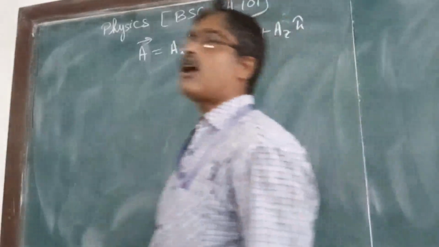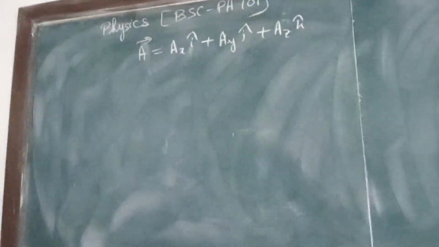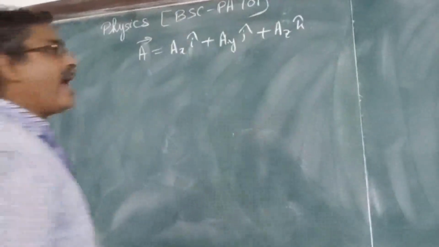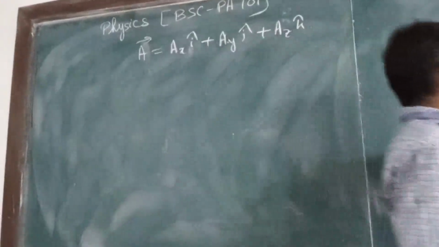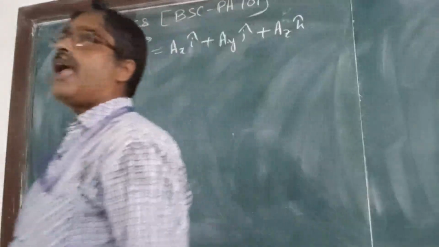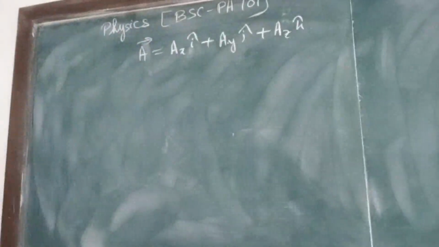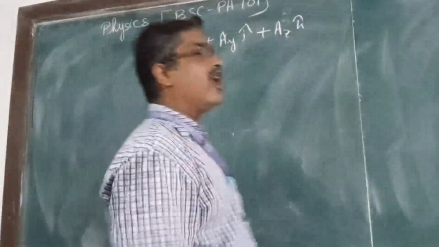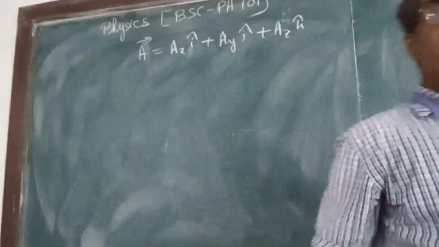So these are the components AX, AY and AZ, and i cap, j cap, k cap are the unit vectors along X, Y and Z direction.